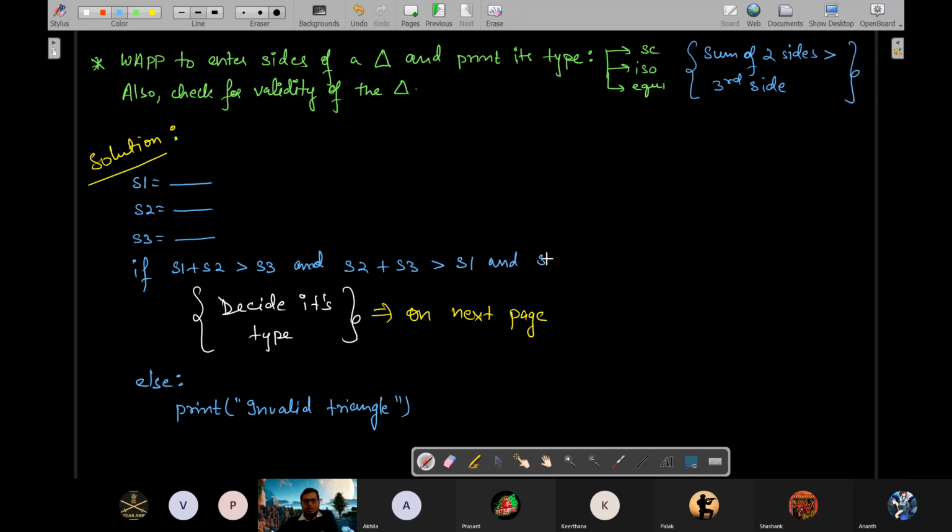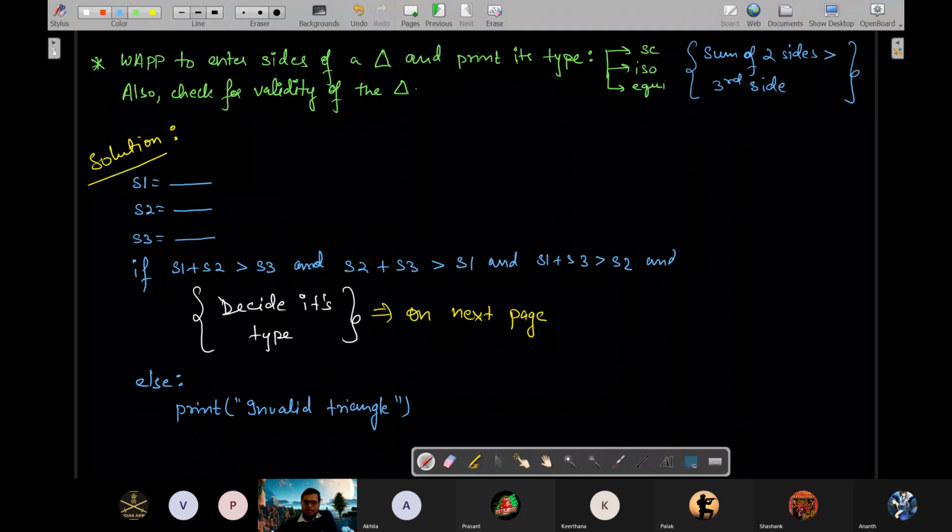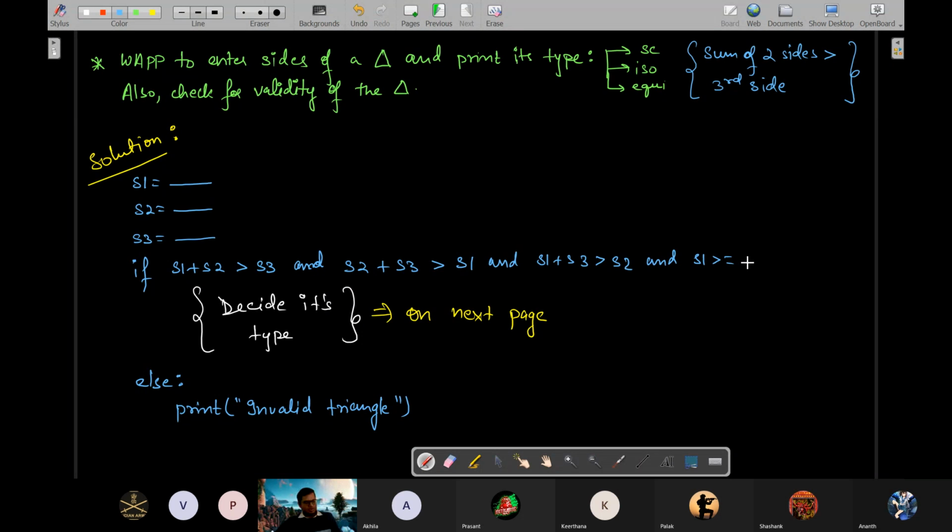And S1 plus S3 is greater than S2 and S1 is greater than equal to, or rather you can write greater than 0, and S2 is greater than 0, and you should continue in the same line. मेरा space नहीं है, therefore I'm writing in the next line, and S3 is greater than 0.